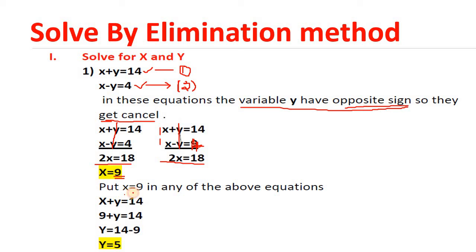Now we have to put the value of x is equal to 9 in any one of the above equations. Let us take equation 1, which is x plus y is equal to 14. The value of x is 9, so 9 plus y is equal to 14. Then transpose 9 to the RHS, so it becomes minus 9. 14 minus 9 is 5.